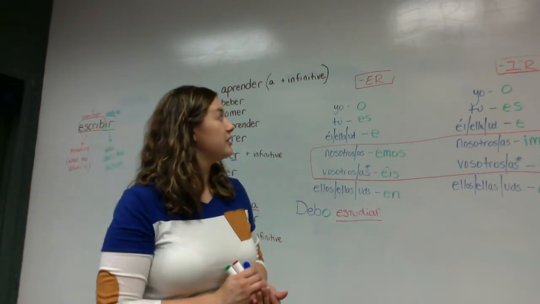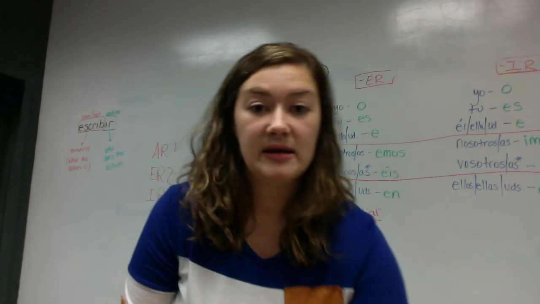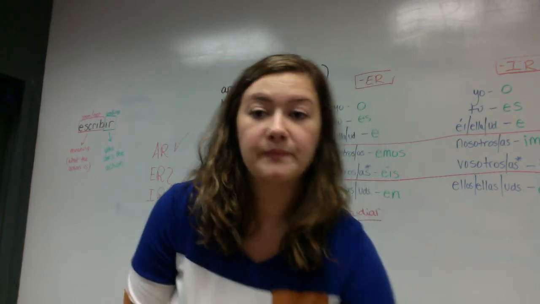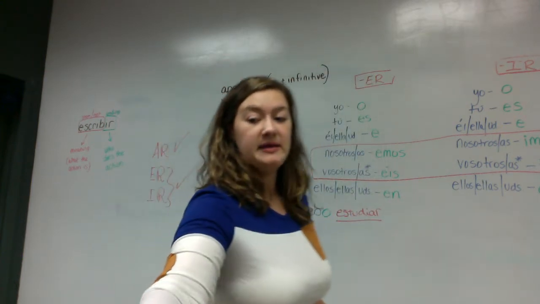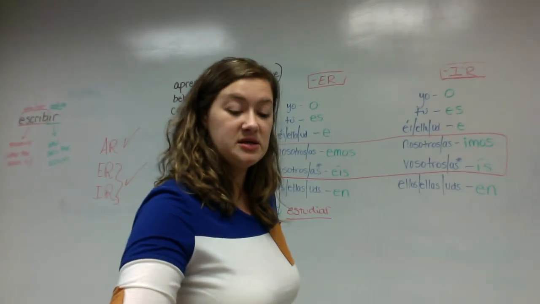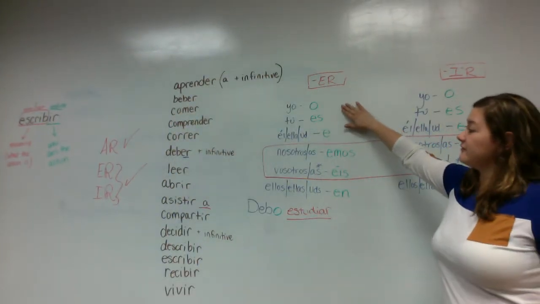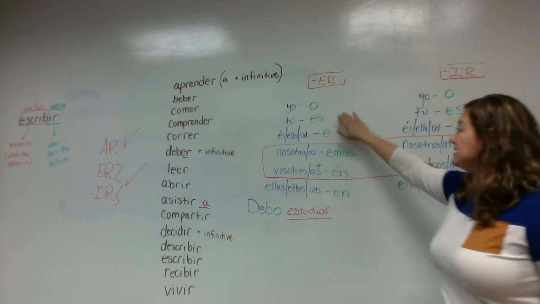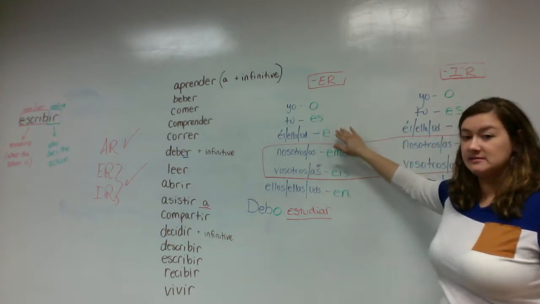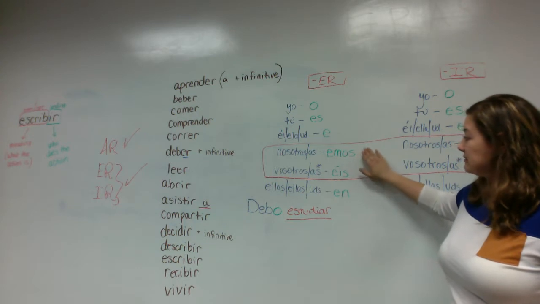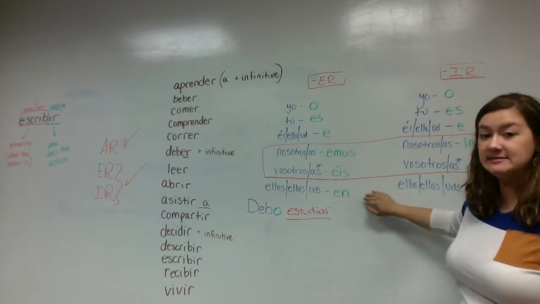Let's go over the ER and IR conjugation now. So notice that my ER and IR conjugations are very similar. We have, for example, leer: leo, lees, lee, leemos, leéis, leen.